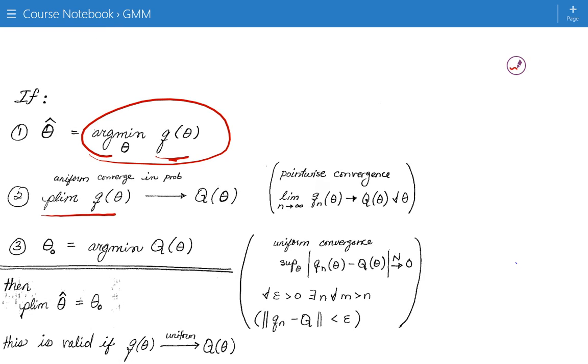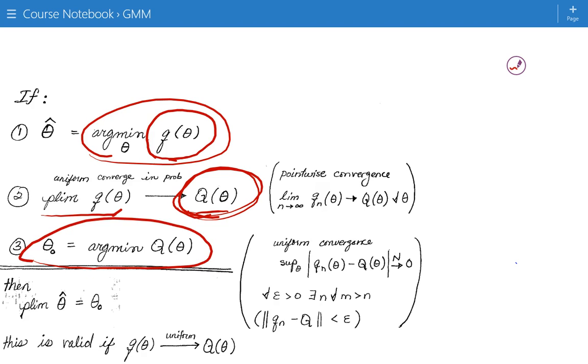And if the p-lim of the sample moments goes to the population moments, actually this is the quadratic function in the sample moments, and if that quadratic function goes to the quadratic function in the population, and as stated above, theta naught is the value that minimizes capital Q, then the p-lim of the generalized method of moments estimator theta hat is in fact theta naught.